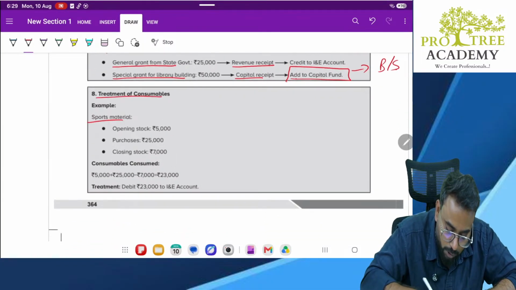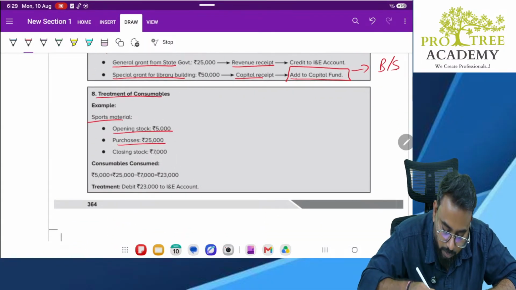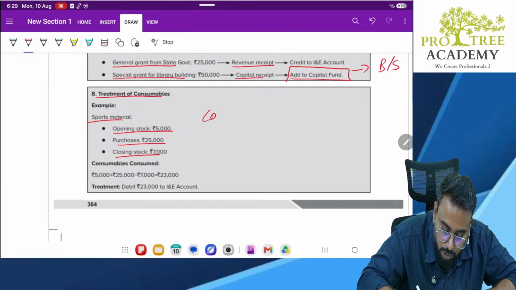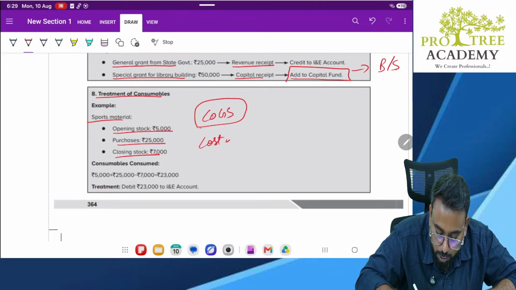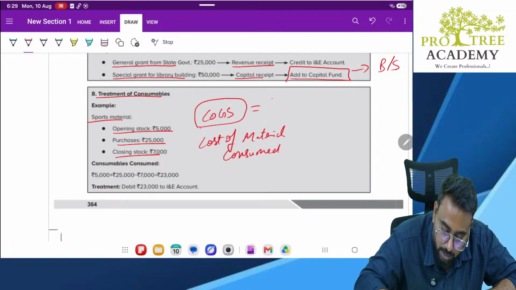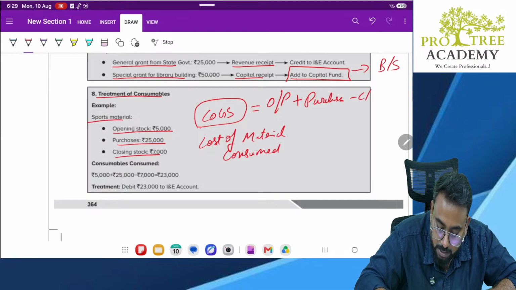Treatment of consumables, sports material. Opening stock we had 5,000, purchases 25,000, closing stock 7,000. The formula was discussed: cost of goods sold. This formula can also be used for cost of materials consumed. Cost of goods sold, what is the formula? Opening stock plus purchases minus closing stock.